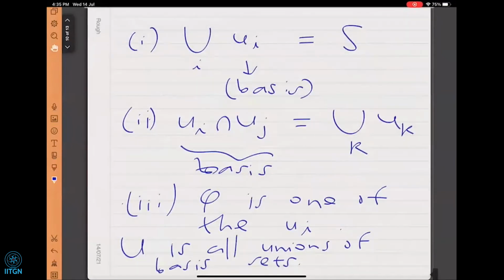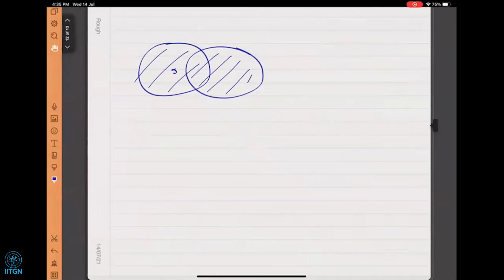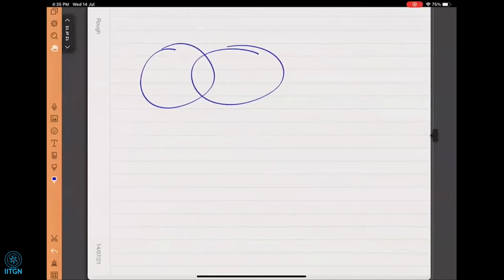Let's say I don't consider the union, I consider the intersection of two open disks. So here's an open disk, here's another. The intersection of the two should also be an open set. That's this, right? This is also not a disk, it's an open set.